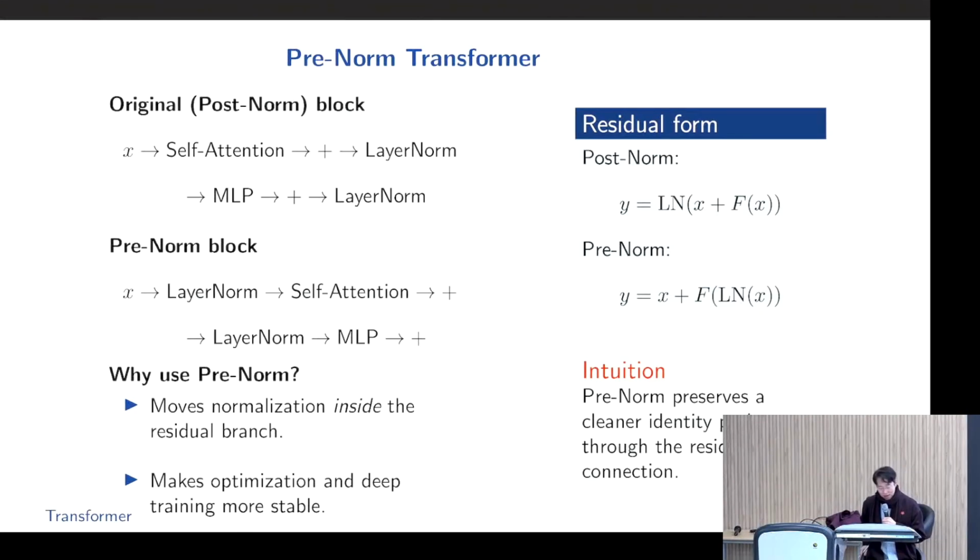All right, so in the original form, they call it post-norm. You receive X and compute self-attention, add the output to X, compute layer norm, and apply MLP, then add it to the original input and apply layer norm.